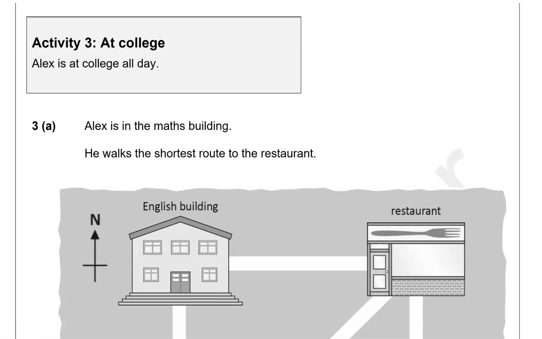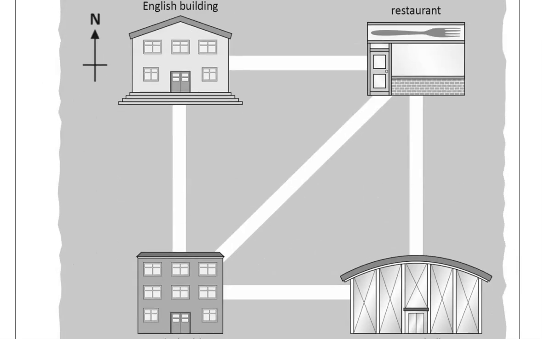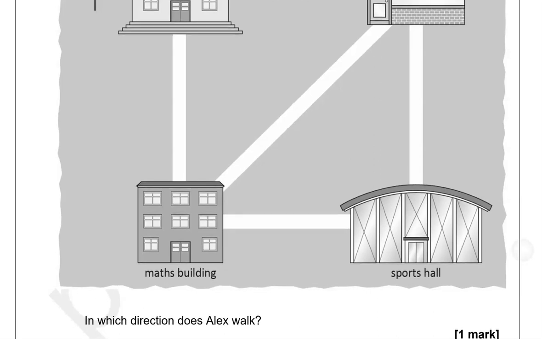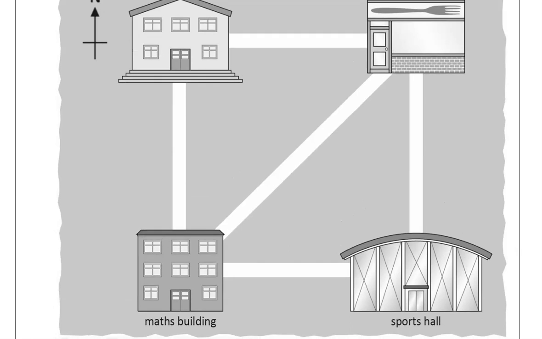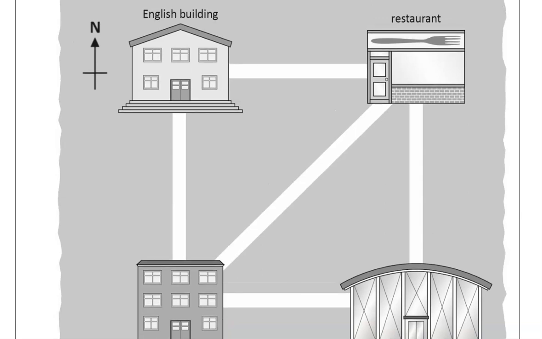Activity 3, at college. Alex is at college all day. Alex is in the maths building. He walks the shortest route to the restaurant. In which direction does Alex walk? So we've got him going from the maths building to the restaurant.